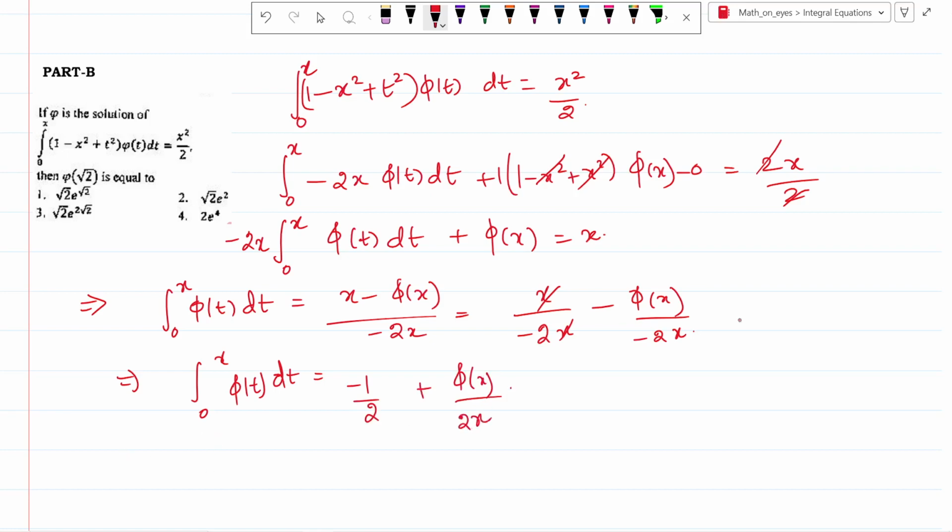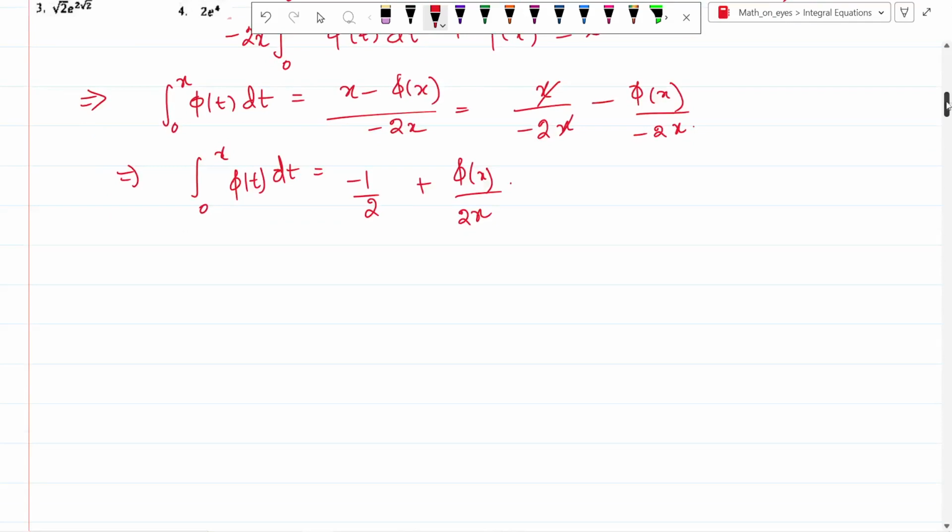Right, now again differentiating the equation with respect to x. Here this term is independent of x, so it will become 0 and only the upper limit part will be there. Differentiation of x is 1 and this will be phi of x, which is equal to differentiation of minus 1 by 2 is 0, plus this is the differentiation of u by v rule.